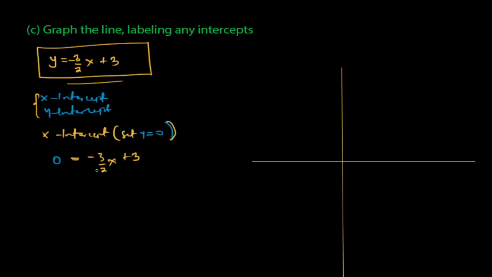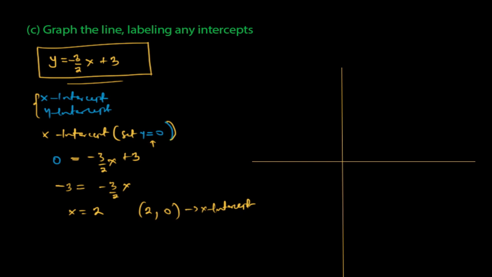We want to make x the subject of the formula, so we deduct 3 from both sides. You have negative 3 equals negative 3 over 2 x, and when you make x the subject, you obtain x equals 2. So this implies that when x is 2, y is 0. This is our x-intercept.